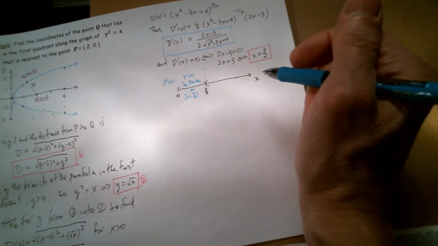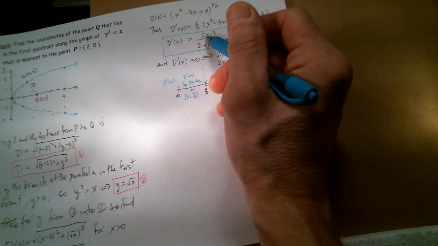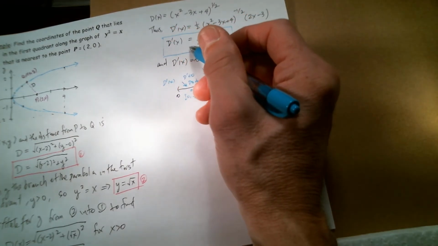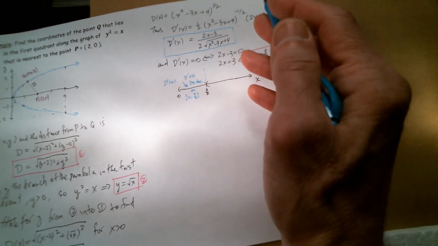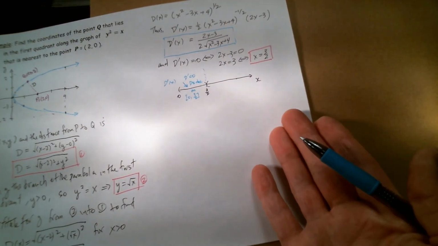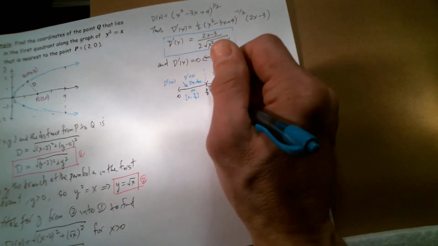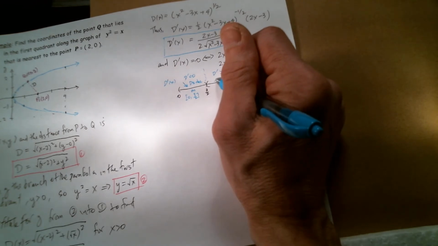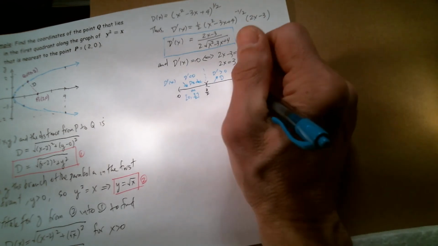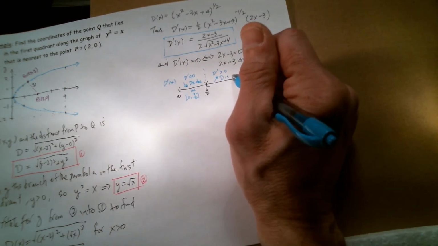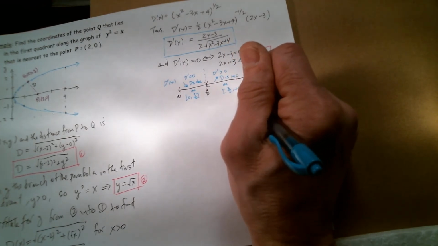However, once x exceeds 3 halves, say x was 2, then evaluating the derivative at 2, we would get 4 minus 3 in the numerator, a positive numerator, which will make the whole derivative positive valued. So the derivative is going to be positive on the interval 3 halves to infinity. That means that the distance function d has positive slope, so it is in fact increasing on the interval from 3 halves to infinity.